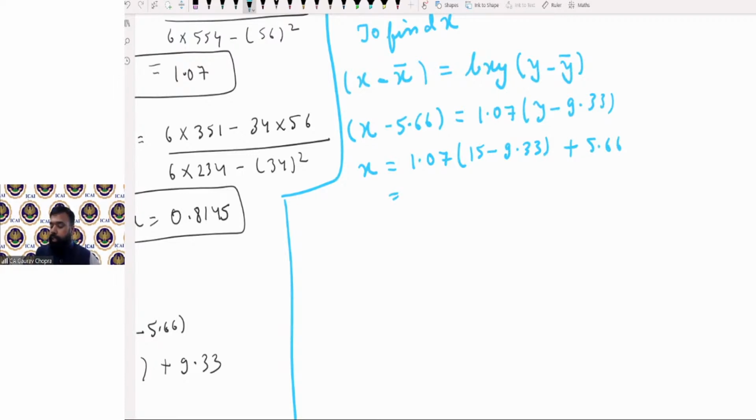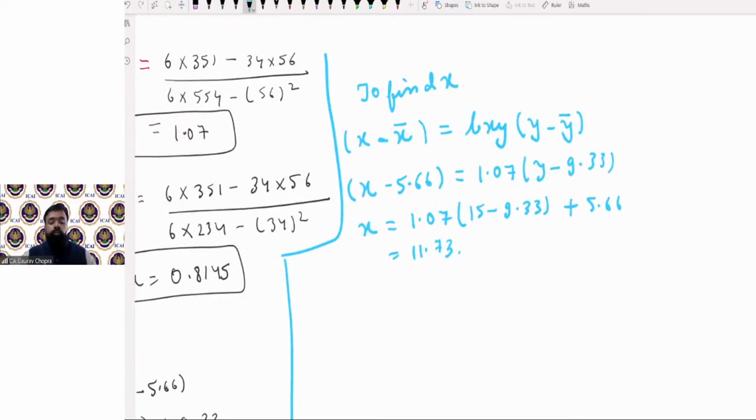So let's calculate. 0.72 or 73. This is the value of x. So similarly, you can find this value of x. तो दोनों में से एक फिगर मिसिंग होगा, वो आपको कैलकुलेट करना है यूजिंग दिस इक्वेशन.